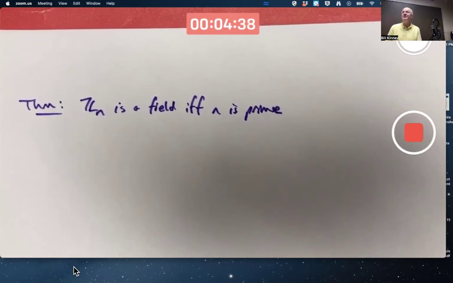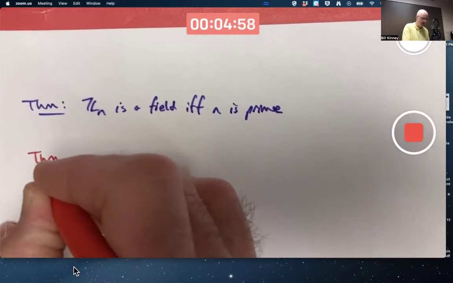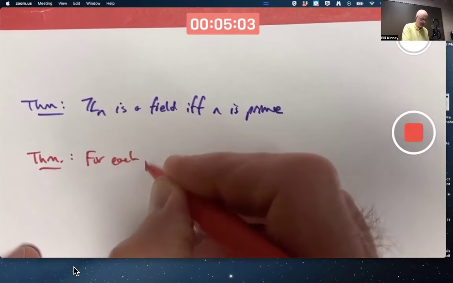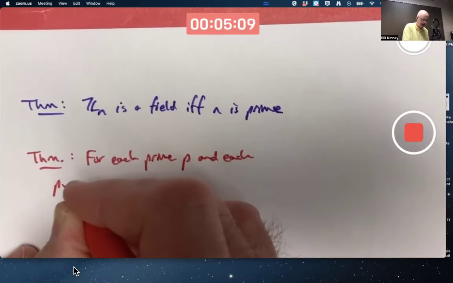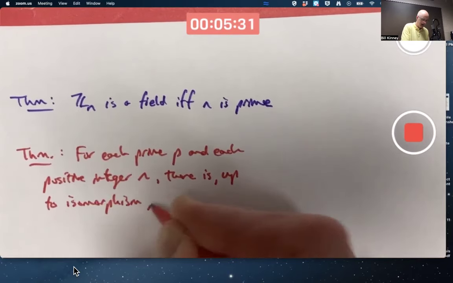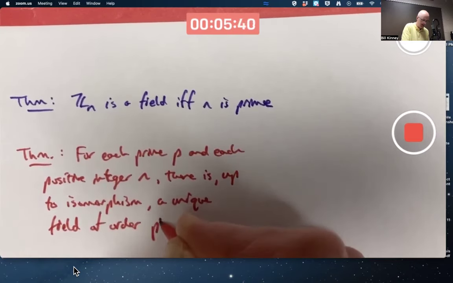It turns out in finite field theory, there are fields that have non-prime order, but those other fields still have to have order equal to a power of a prime. One of the fundamental theorems of chapter 21 on finite fields is for each prime p and each positive integer n, there is, up to isomorphism, a unique field of order p to the n power.